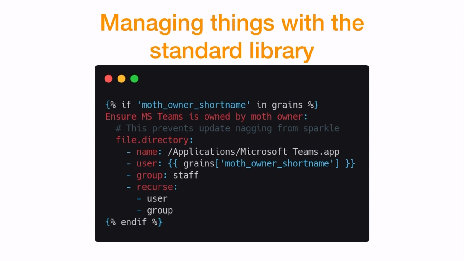Because all of our laptops are used primarily by a single user, even though Monkey is installing Teams as root, we go and fix that and make it owned by the person who owns the device, so that the Sparkle updater doesn't nag them all the time and make them update. Especially with Microsoft Teams. Does anyone use Teams in here? Yeah, you can't manage the update checks or how frequently it does that, or anything else. So it can be kind of a pain.